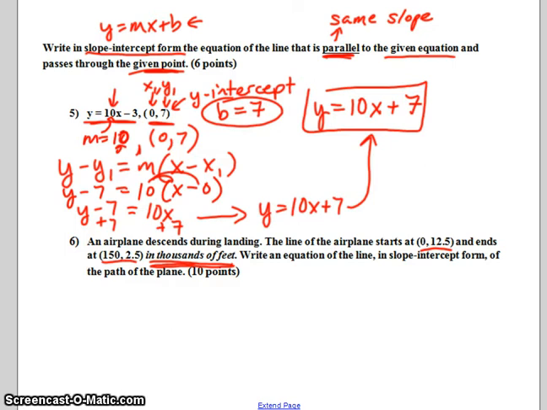This 150 represents thousands of feet, so that's 150,000 technically. Good to know, not important in writing this equation and getting your answer right. We have to write an equation in slope-intercept form. So again, y equals mx plus b.